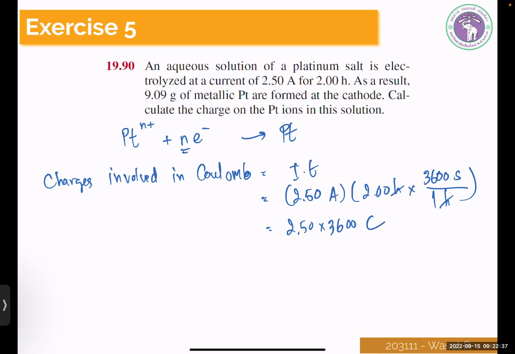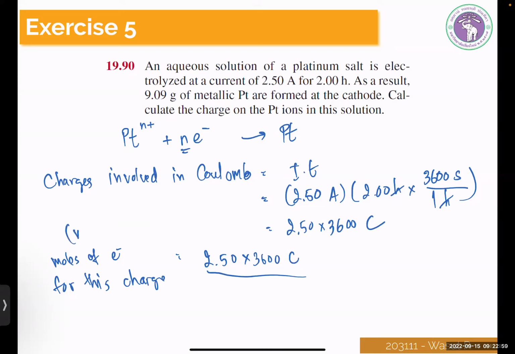Okay, so now I want to convert this charge to moles of electrons. This is just the value of n that I want to figure out.